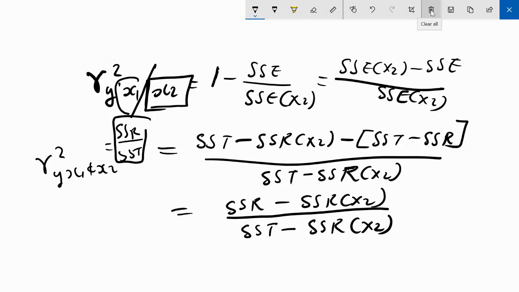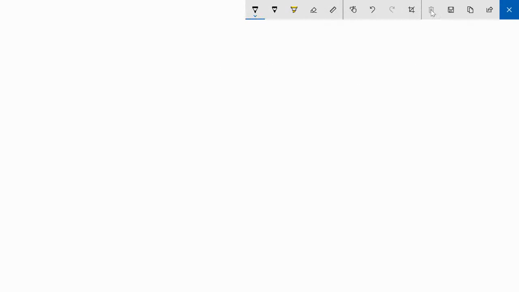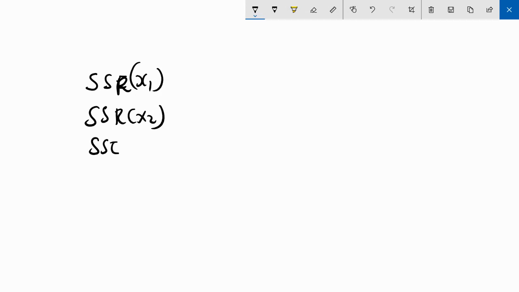So I want you guys to give me the values from the class example. Let's help the other guys. What was our SSR of x1 and SSR of x2 and SSE of the overall model? From there, having this information, we'll be able to find, because we agreed that SSR of x1 is the same as MR of x1.